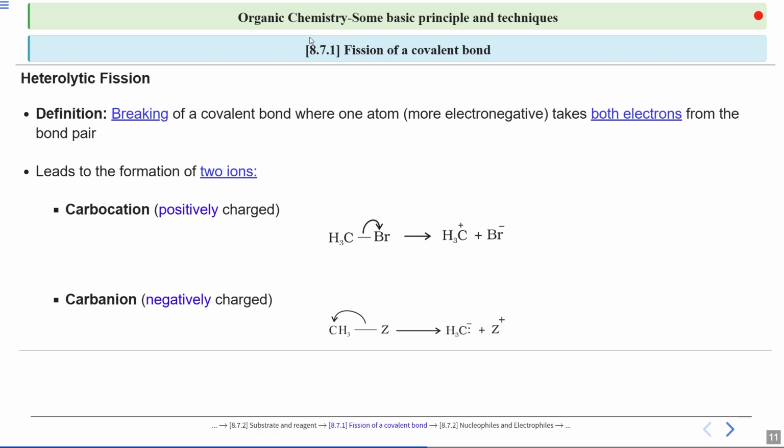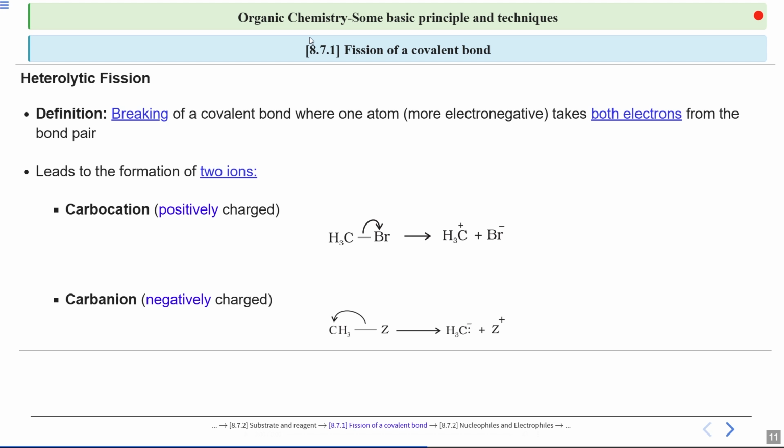But suppose that same electron is not moved onto the other atom but onto the carbon. That will result in a negative charge on the carbon, and a positive charge on the other species. What is the reason for this unsymmetrical distribution? The reason is the higher electronegativity of bromine.